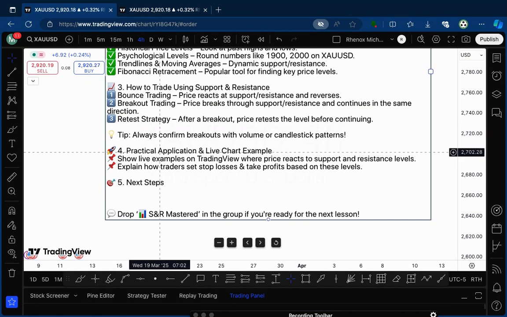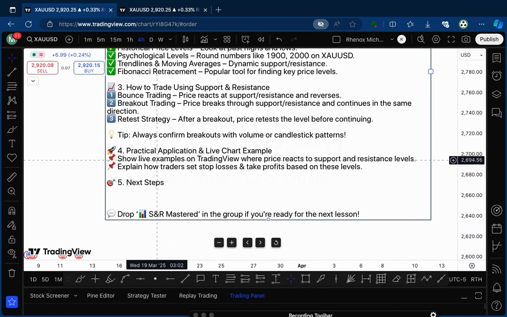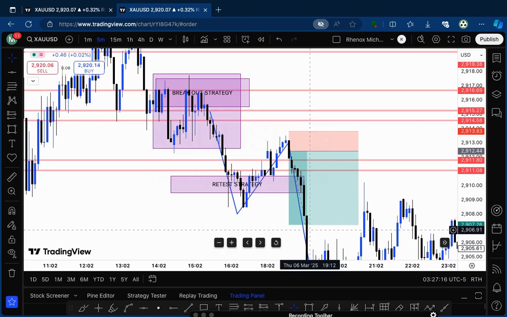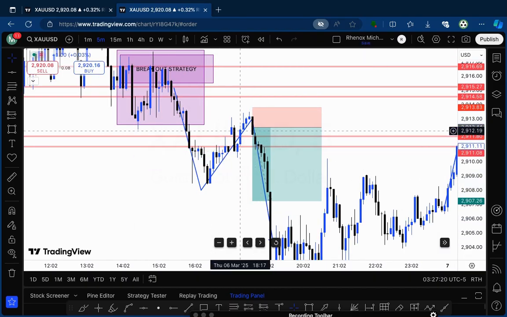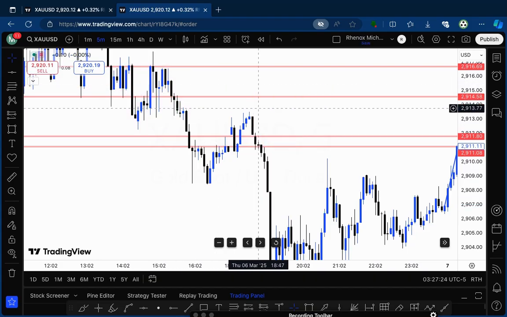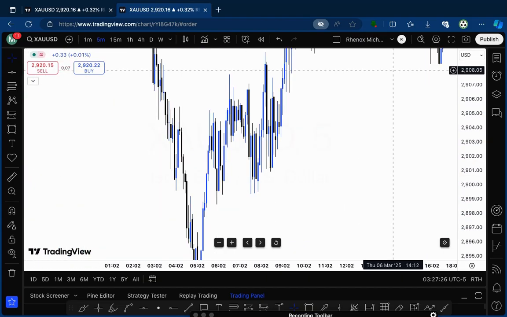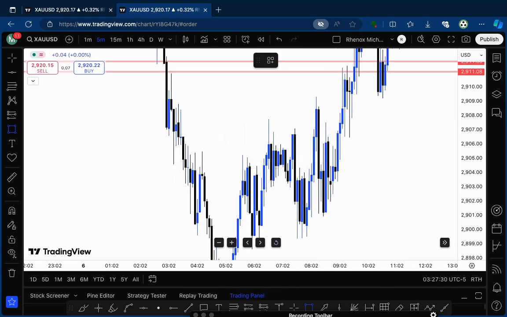Now, a practical application on a live chart example. I've done pretty much a lot of examples already, but I would love to do more. Let me do one more so you can get a grasp of it. Okay, now if you look down here, you see this is a consolidation area.